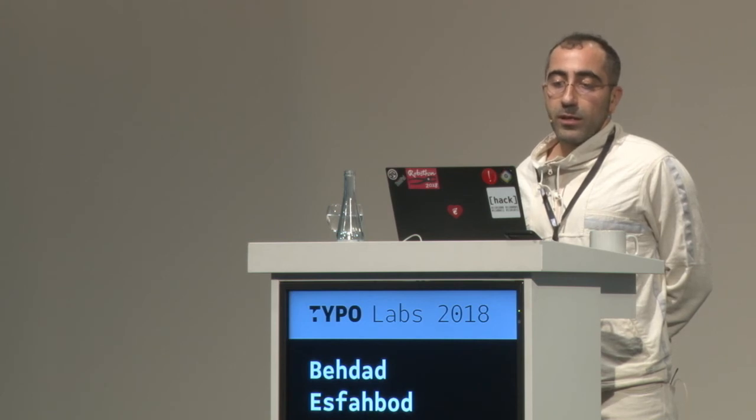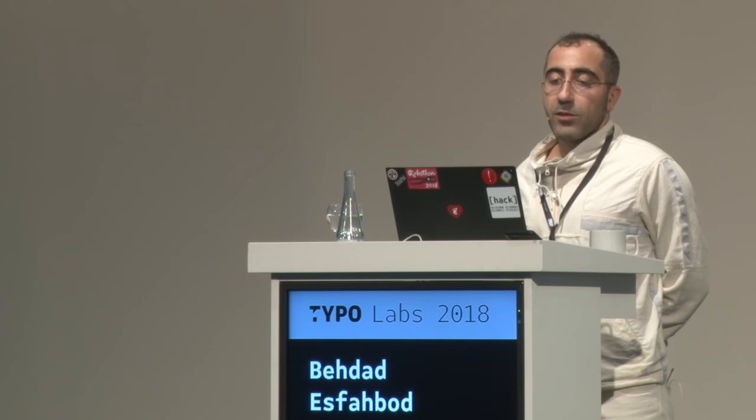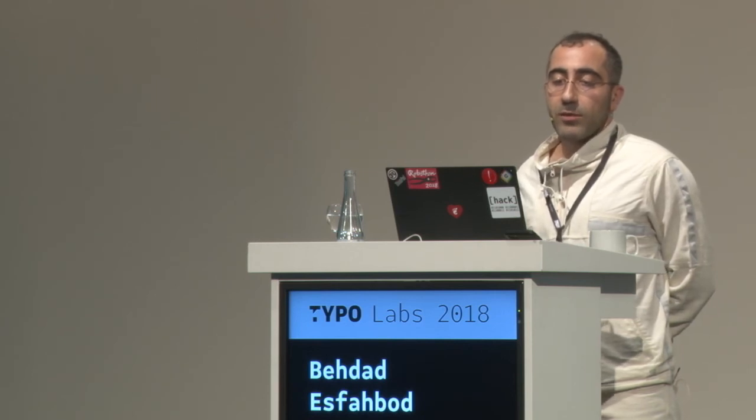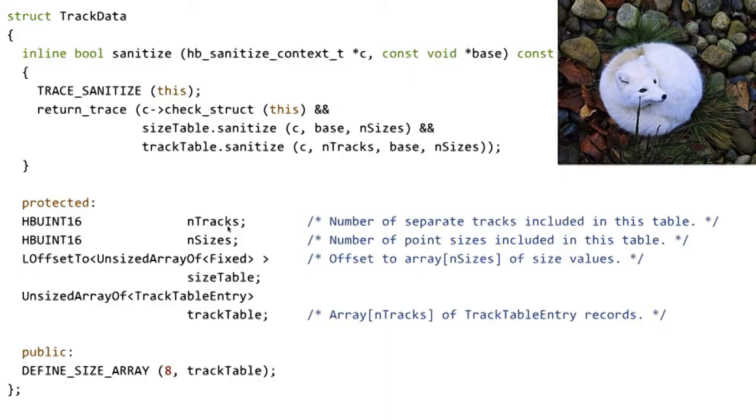This is essentially copy-pasted from the spec, just translated into our structures. This just says an unsigned integer, 2 byte, number of tracks, another one, number of sizes, and this is where we use the carefully chosen templates. It says we have an LOffset. LOffset means long offset, meaning that the offset field is 32 bits instead of 16 bits.